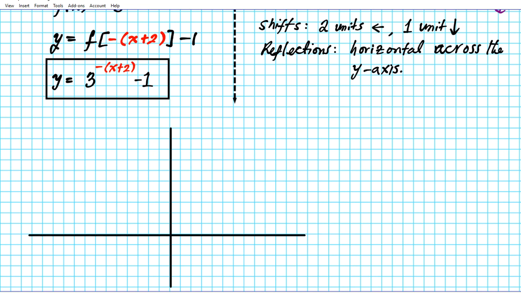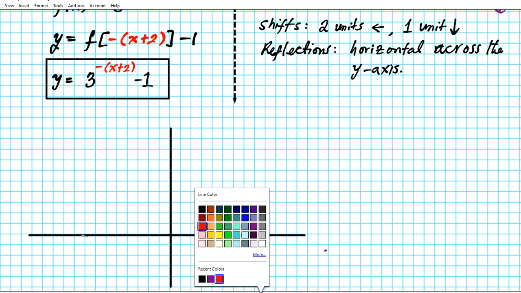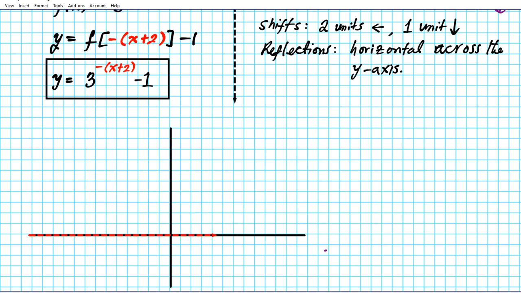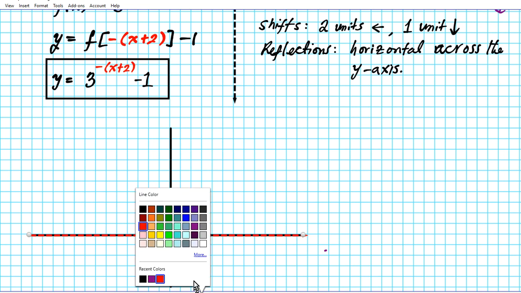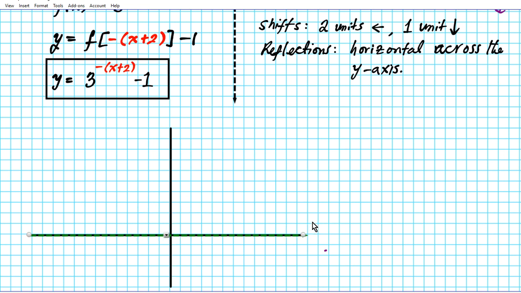For all exponential functions, we have a horizontal asymptote due to the left-hand behavior. We have a horizontal asymptote of y equals 0. So let's go ahead and graph it right there. There's your horizontal asymptote. Let me change the color to green. Alright, so there goes your horizontal asymptote.